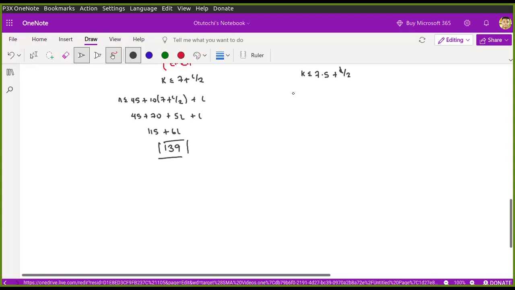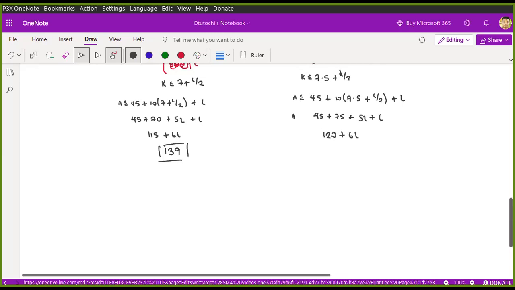And then in this case, we have that n is less than or equal to 45 plus 10 times 7.5 plus L over 2 and then plus L. And that's going to be equal to 45 plus 75 plus 5L plus L, which is 120 plus 6L.